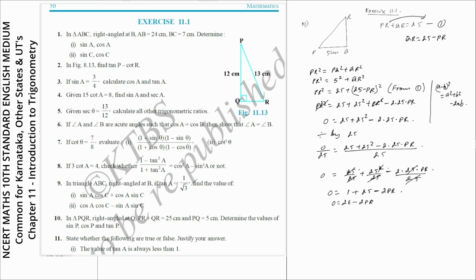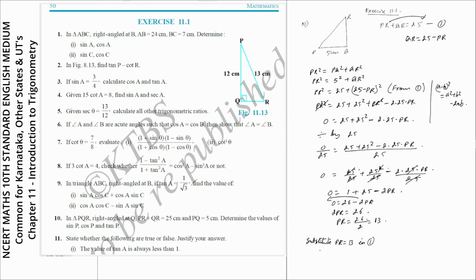Or if I take PR to the left hand side, 2 PR is equal to 26. Or PR is equal to, now 26 by 2 is equal to 13. So if I'll substitute PR is equal to 13 in 1, what will I get?